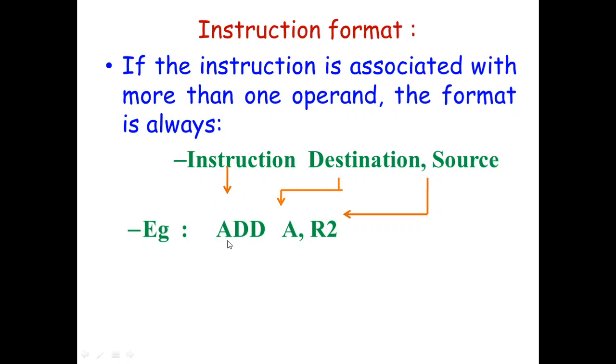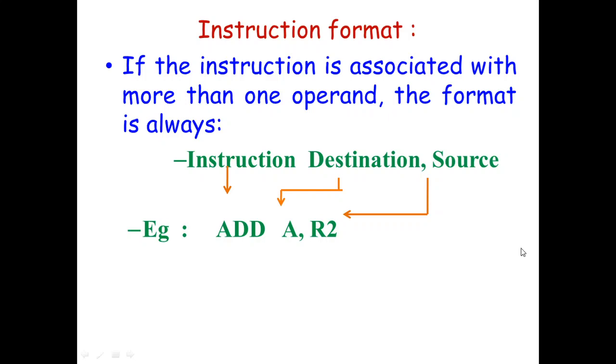Now for example ADD A, R2, here data from R2 is added into the destination, that is A, and the result is held in the accumulator. Which action are we performing here? Addition. Addition is the opcode, source data is in R2, destination data is in the accumulator. A is nothing but accumulator.